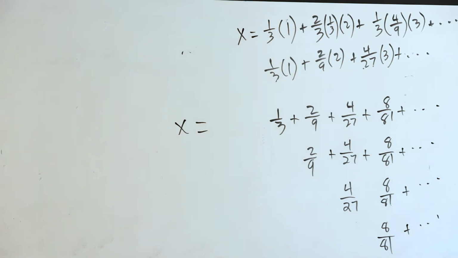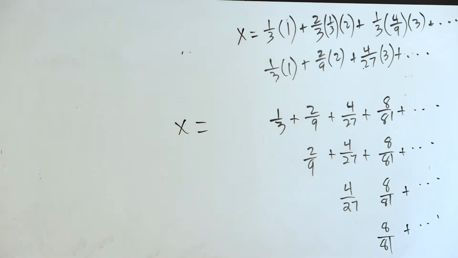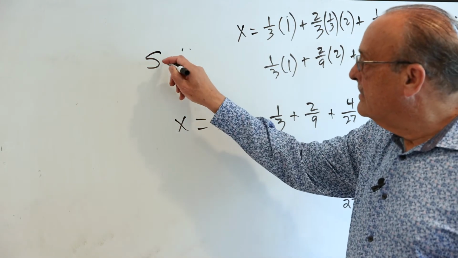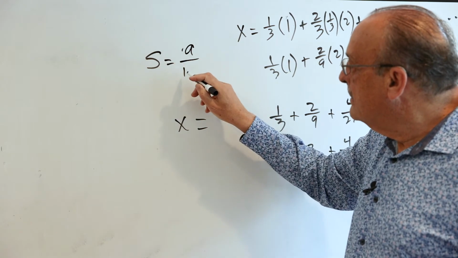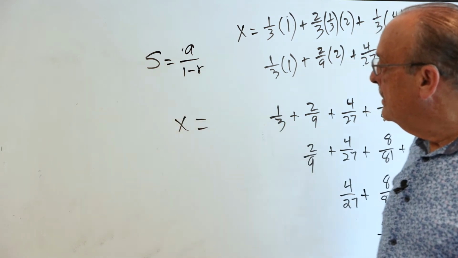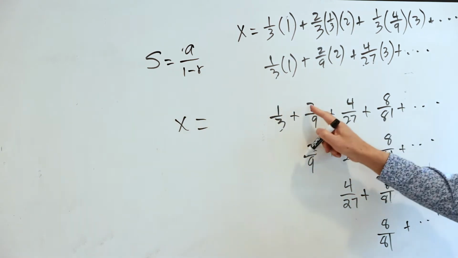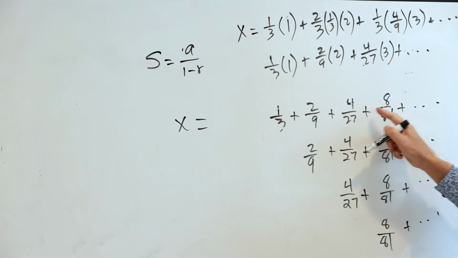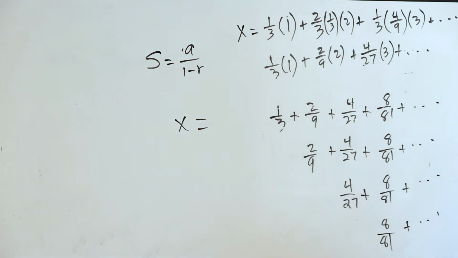So there's actually a formula that will compute these infinite sums. And the formula is basically, I'll derive it later. The formula is going to be S equals A divided by 1 minus R, where the first term is A, and R is what we're timesing by. So here we're timesing by 2/3. Here we're starting with 1/3, here we're starting with 2/9, here we're starting with 4/27.